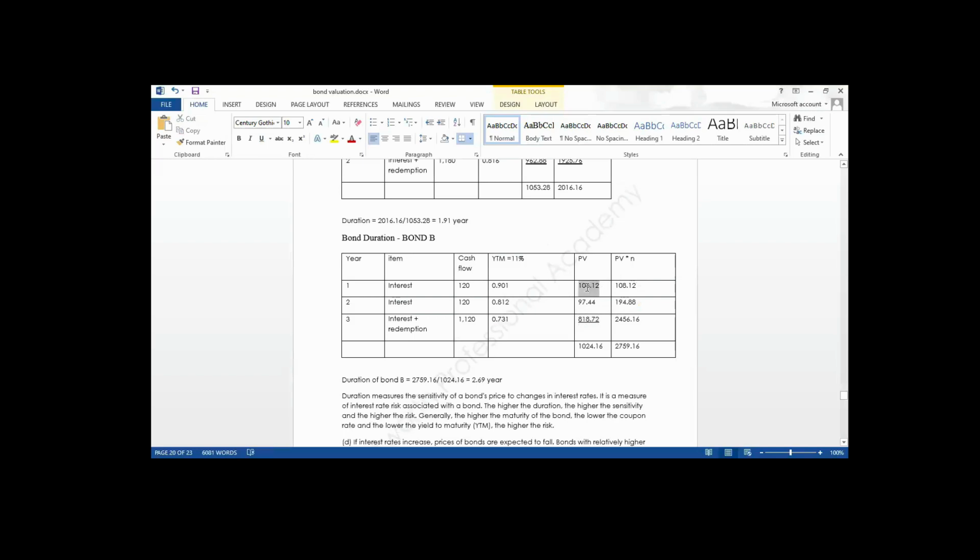Present value multiplied by n. N is 1 year. 1 multiplied by 108.12. That will give us 108.12. Next, the present value 97.44 multiplied by 2. What do you have, please? Please multiply.